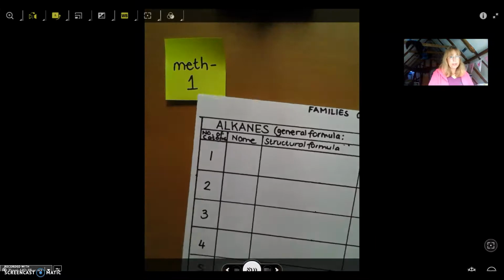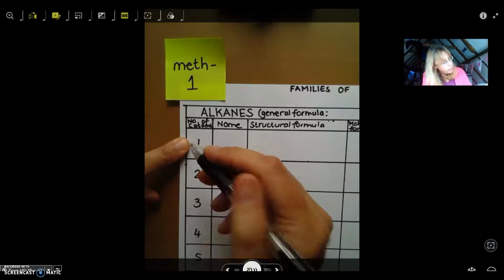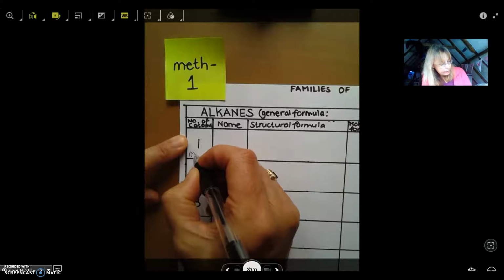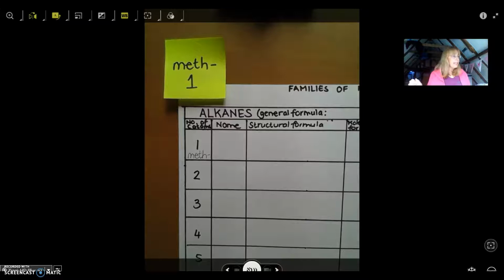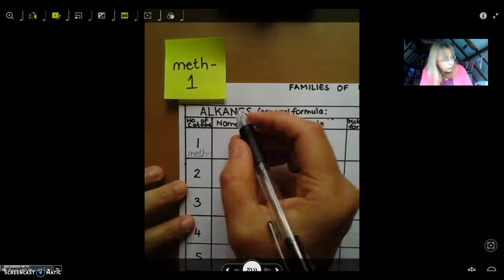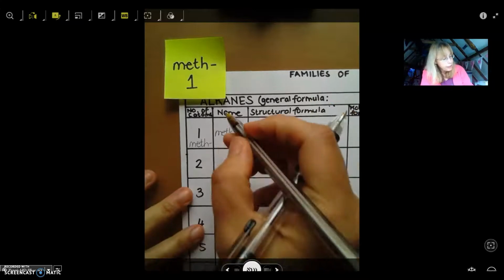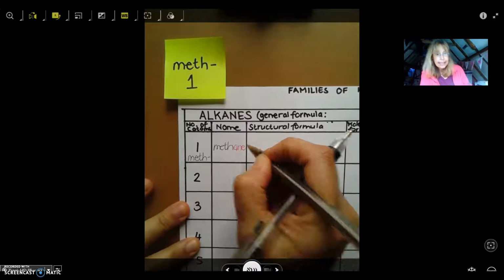Okay, so back to our table. So we now know that if we have 1 carbon atom, we're going to start with the prefix meth. Okay, and the name that we give to this alkane is going to be meth, and it's going to show us that it belongs to the alkane family, it's going to end in ANE.